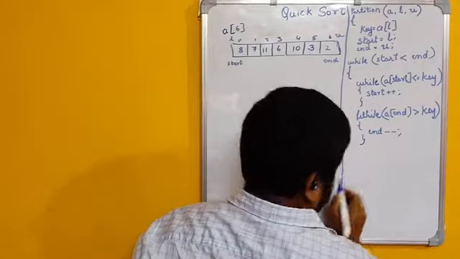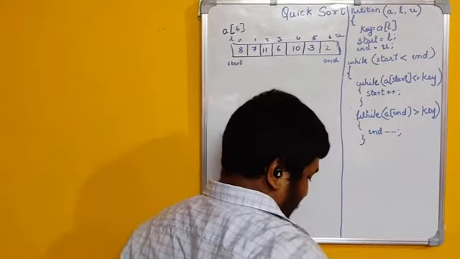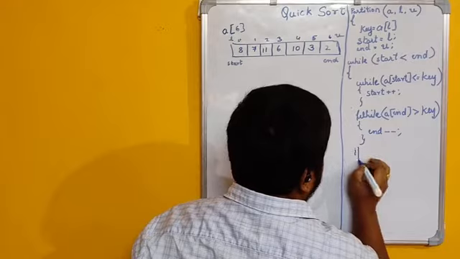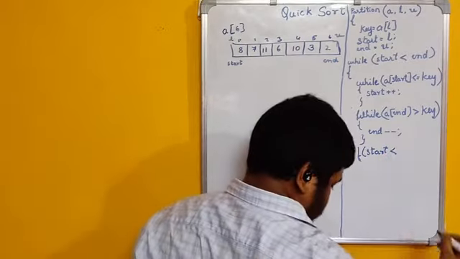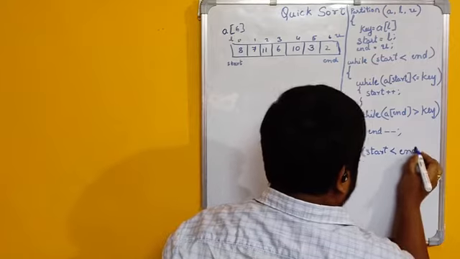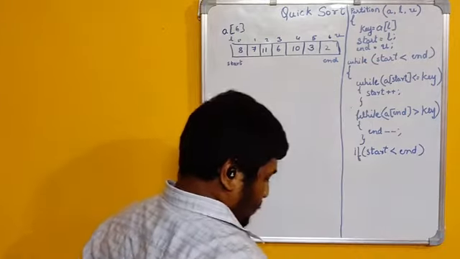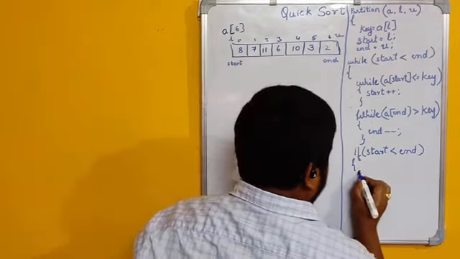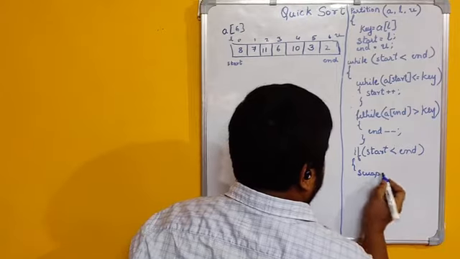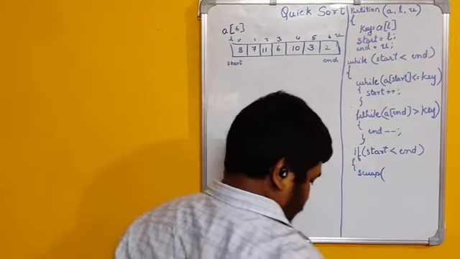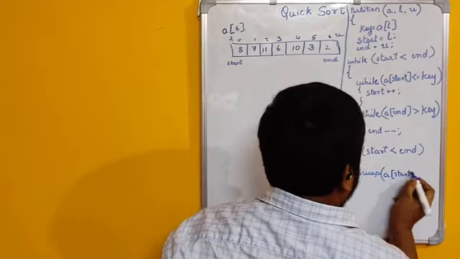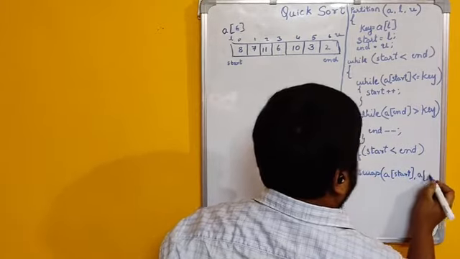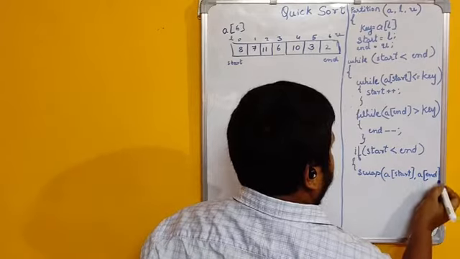So next, if start is less than end, swap A of start, comma A of end.